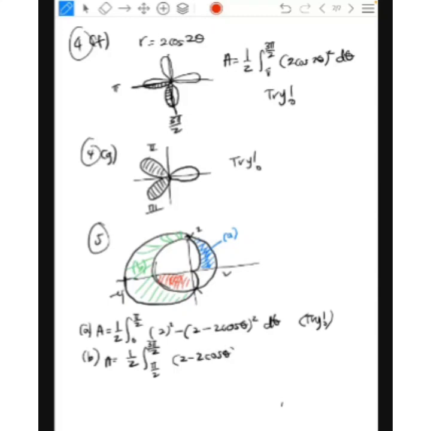It is reversed. And then C is what? C is from pi until 3 pi over 2. And then it only occupies the circle actually, right? So you don't have to minus anything. It only occupies the circle. So the circle is 2 squared.